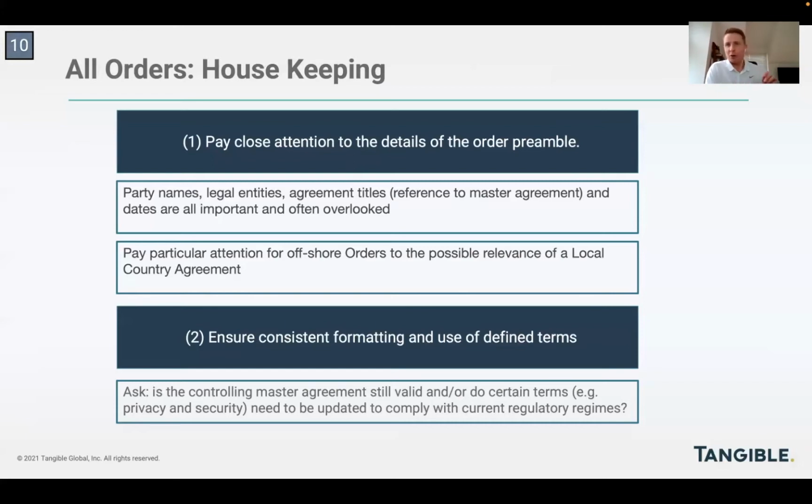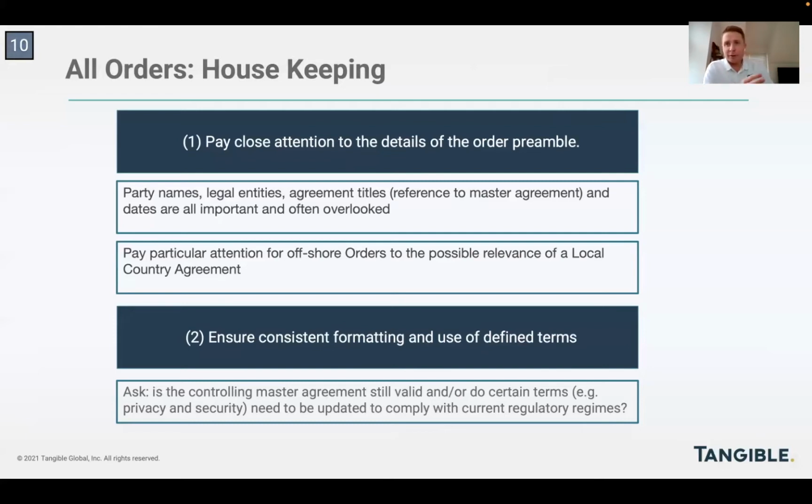So although there's no substantive exchanges happening in the preamble, they establish the important governing master terms for an order form, and it really needs to be right. Otherwise, it'll be very visible to a reviewing attorney and possibly a business client.